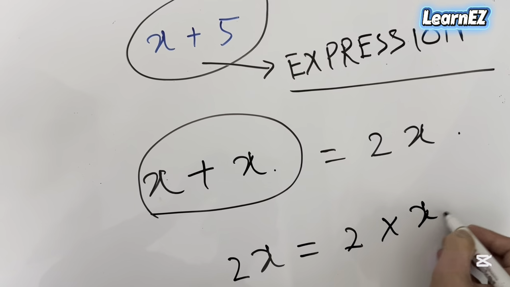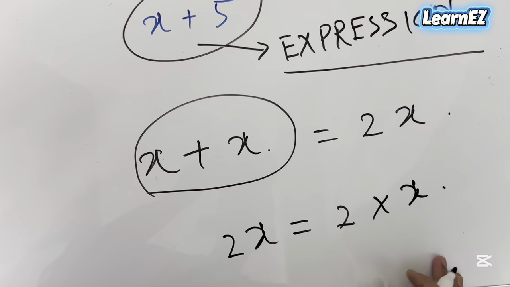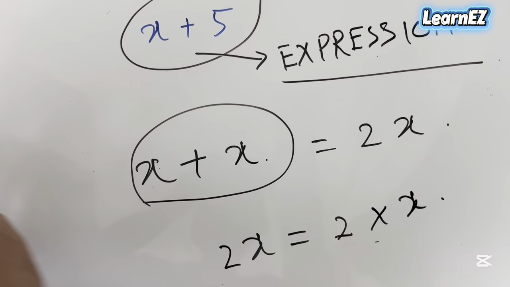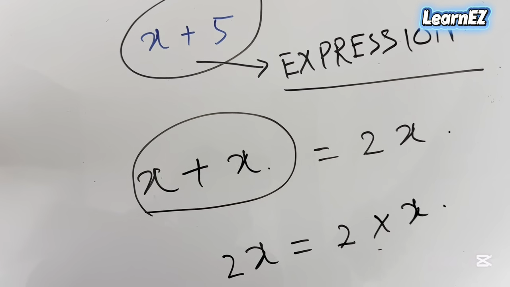And as I wrote in the above equation, 2x, we can write it as 2, a multiplication sign, and then x, but this multiplication sign we don't mention. Okay, so usually when you write it, it is going to be like this, 2x. So you can consider there's a multiplication sign in between 2 and x already.